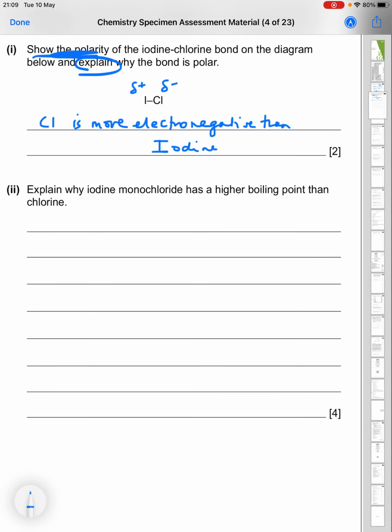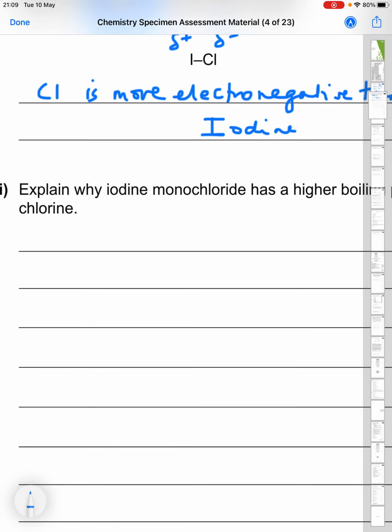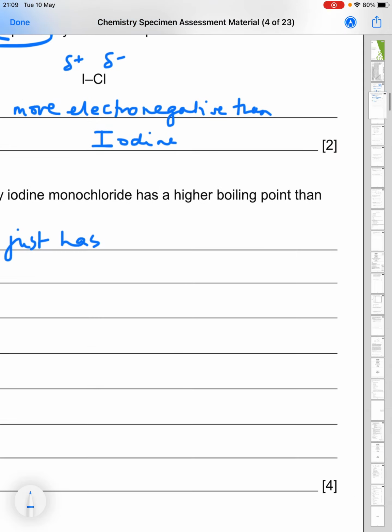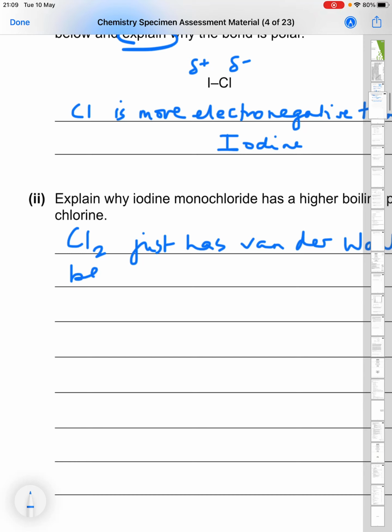And the iodine. So explain why iodine monochloride has a higher boiling point than chlorine. Well, it's to do with that polarity. So in chlorine, it just has van der Waals between the molecules.